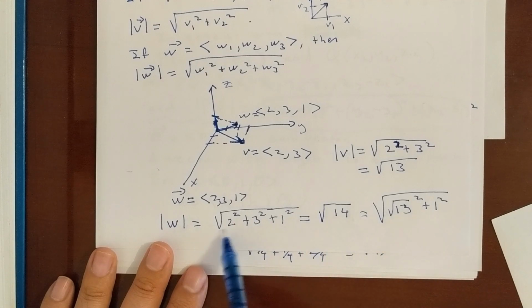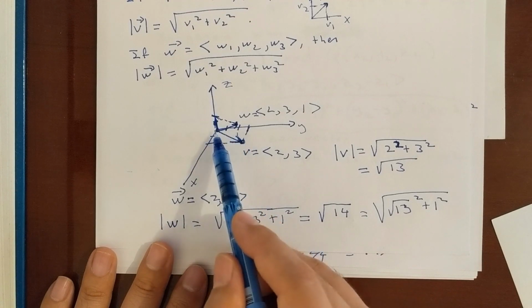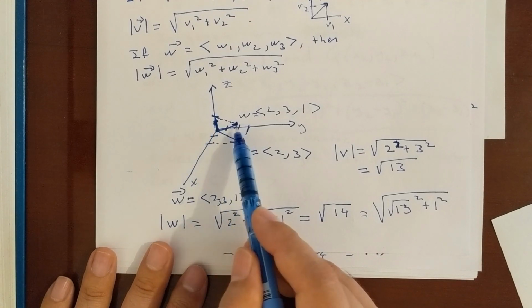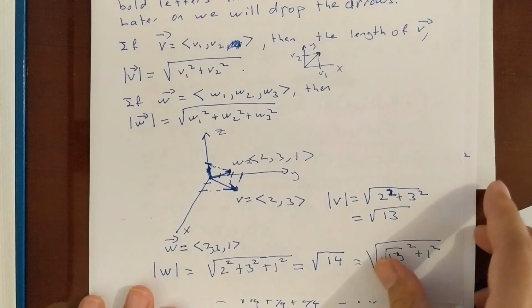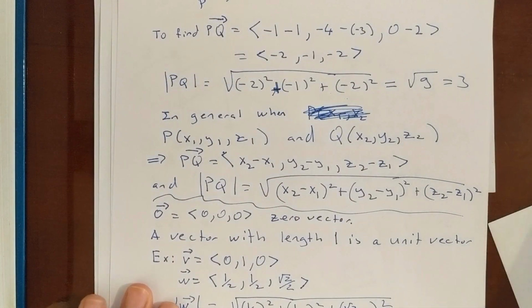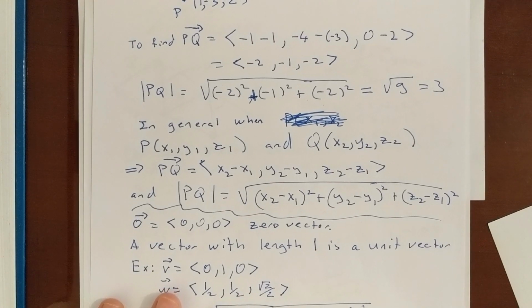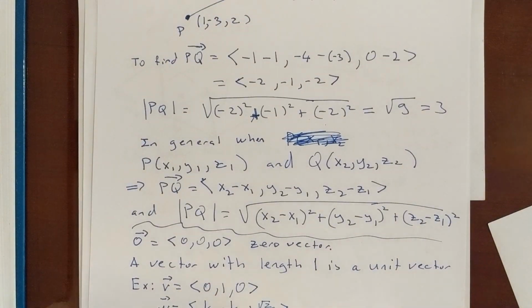It gives you the same answer both ways. So it's 2 squared plus 3 squared. That would give you 13. When you square 13 plus 1, which is the height here, okay? So this length, again, we're going to do the Pythagorean theorem, okay? It's not too bad. So these are the lengths of these vectors.